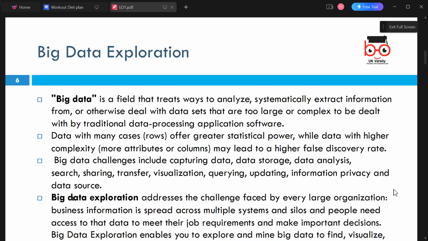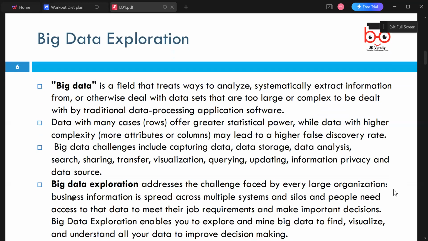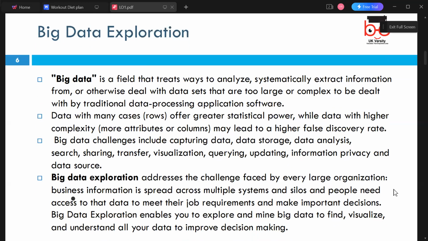So we have explained what is big data. As you can see, big data exploration is used to address the challenge faced by every large organization, where business information is spread across multiple systems and silos, and people need access to that data to meet the job requirements.